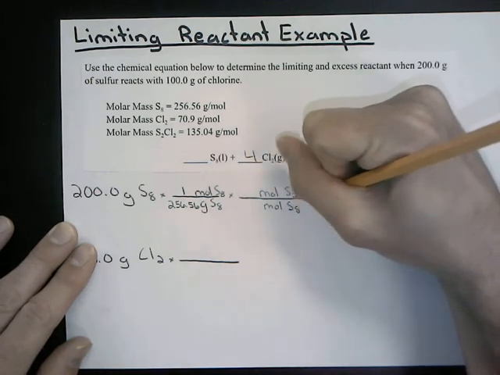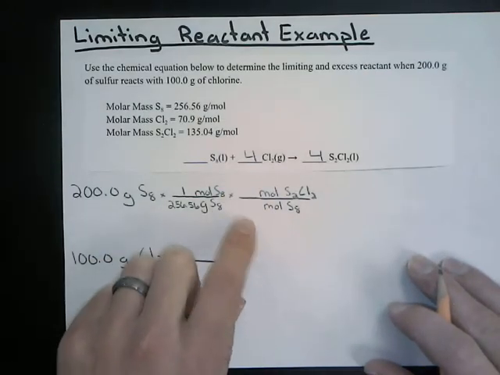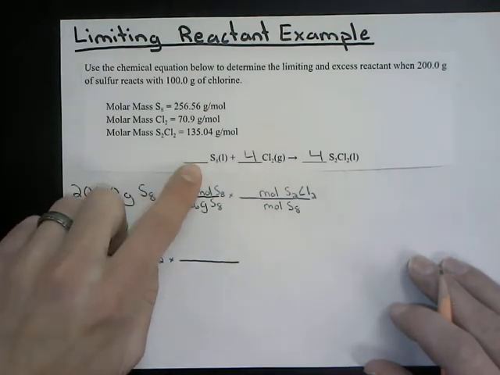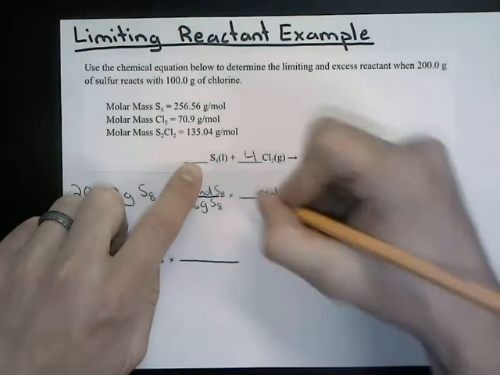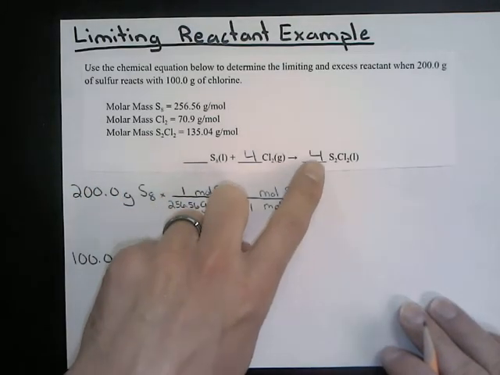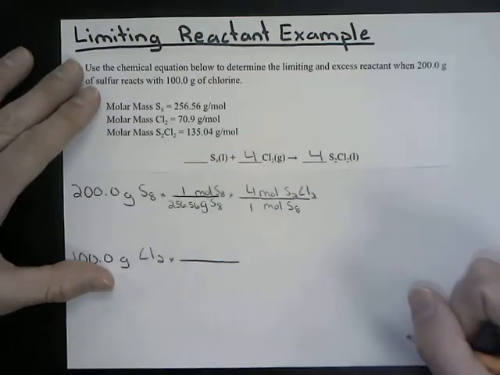Now remember, mole over mole. Where we get our values here is from our balanced chemical equation. So the coefficient in front of S8 is 1, so we put a 1 with S8. And then the coefficient in front of S2Cl2 is 4.